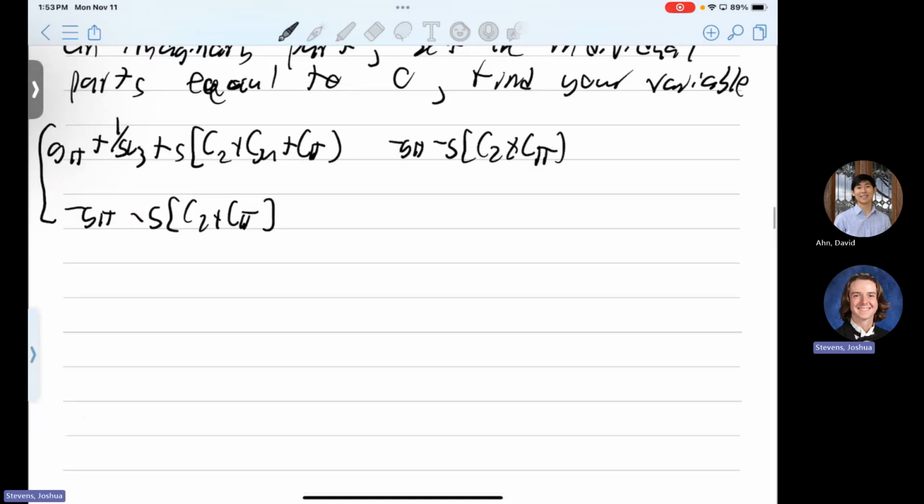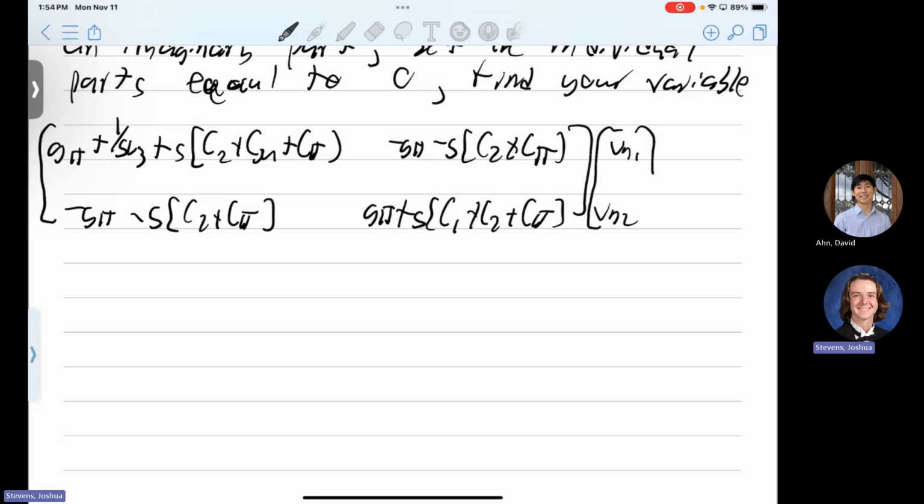Okay, so then G pi, no, that's not supposed to be negative. That is not supposed to be negative. Plus S times C1 plus C2 plus C pi. And that is all multiplied by VN1, VN2, which is all equal to, let's see.